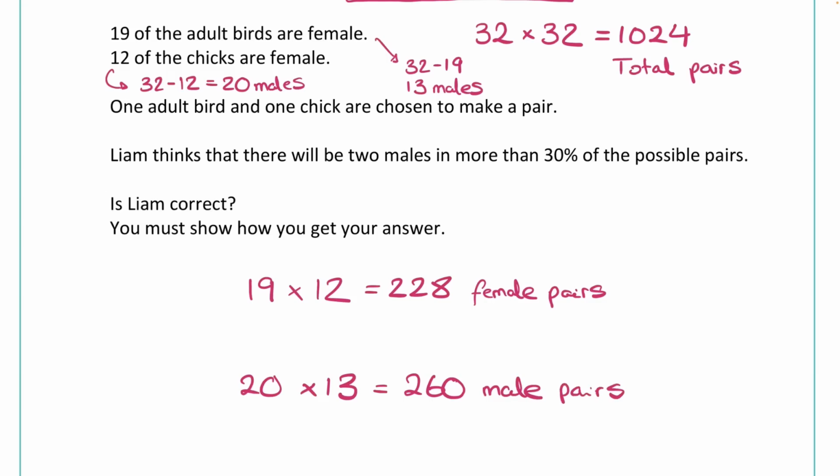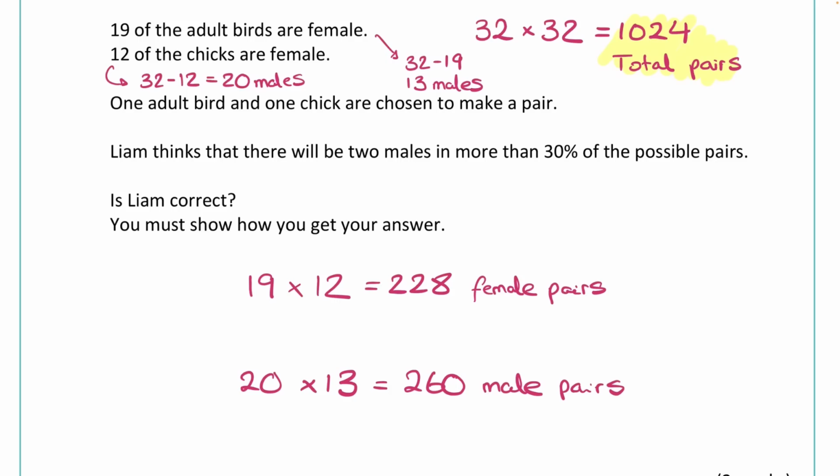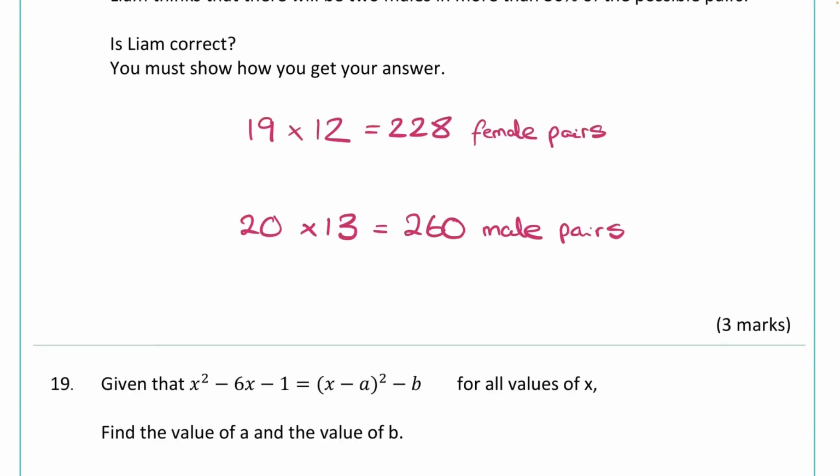And now we can have a think about whether this is 30% of the possible pairs. It says Liam thinks there'll be two males in more than 30% of the possible pairs. Well, let's work out what 30% of the possible pairs are. Our total pairs is 1024. So if we work out 30% of 1024, there are different ways that you could work that out.